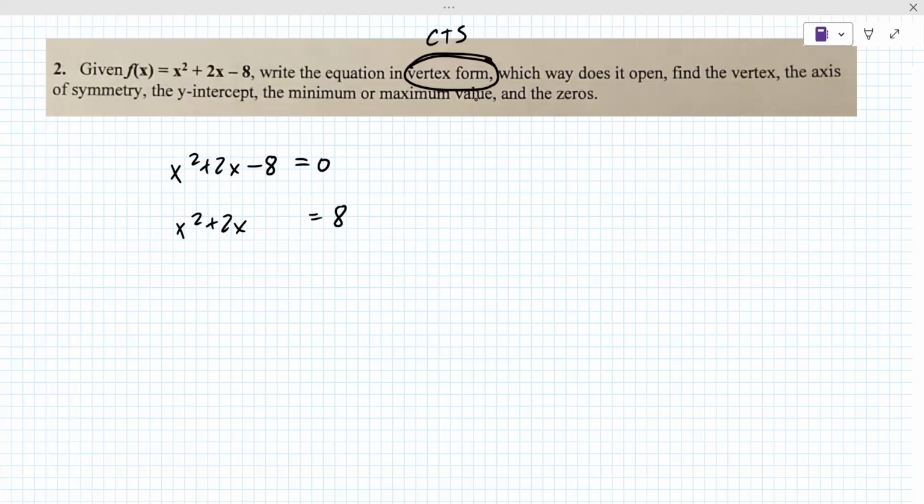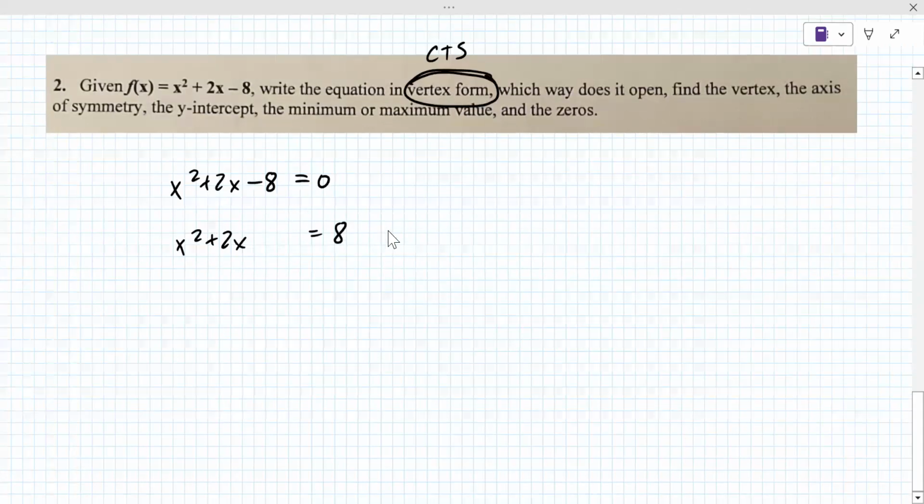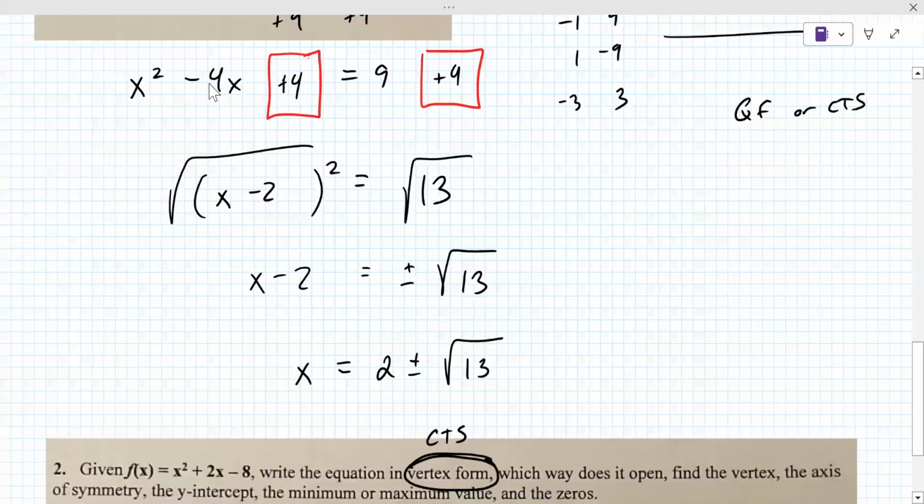I get +4. Okay. How did you get +4? Because the last problem you said +4 and it was a different number in there.